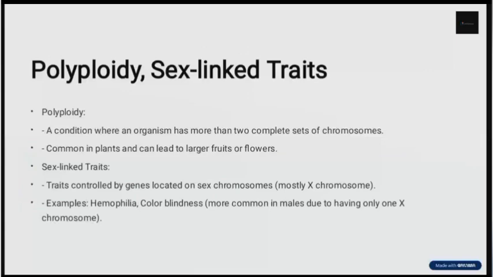In humans, we have two sets of chromosomes, that is 2N. We are diploid organisms. Some other organisms have more than two sets of chromosomes. They are polyploid. You can see triploid, tetraploid, and even octaploid, which have 8 sets of chromosomes. Now, this does not follow the normal inheritance pattern we know.